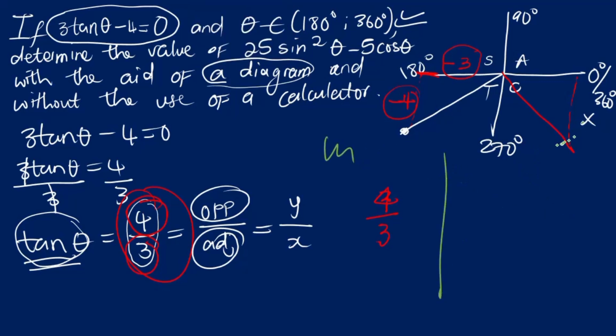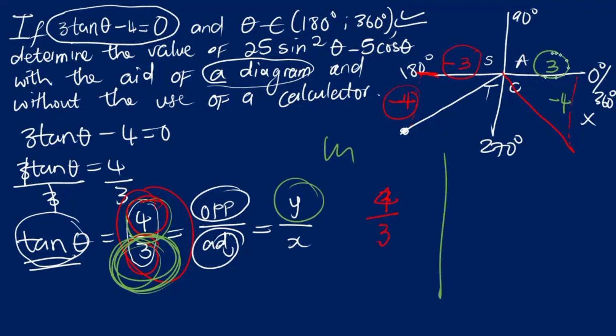Yes. The reason this terminal is not true is because if I have a y value there, my y value is 4, and we know that downwards on the Cartesian plane our y value is supposed to be negative. So I have a negative 4. But the x value is on the right side of the Cartesian plane, and I know that all values on the right side for x are positive.